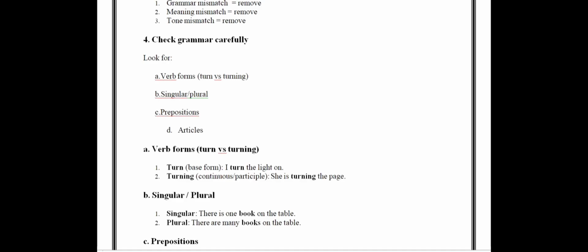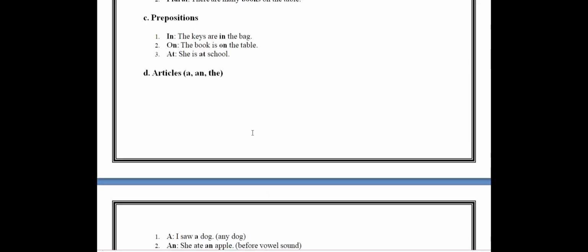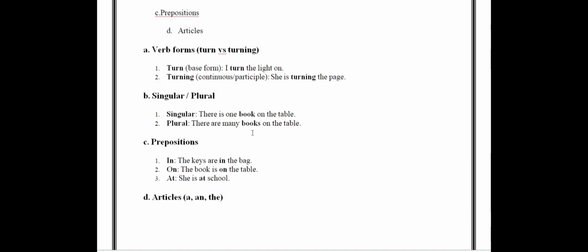So what do you have to look for? Look for verb forms, like whether the option goes with the word turn or turning. Which word is fitting properly? Is it a singular blank or a plural blank? Are any prepositions or articles required? Fine. Let's put it in an example and see. We have word forms, for example, turn versus turning.